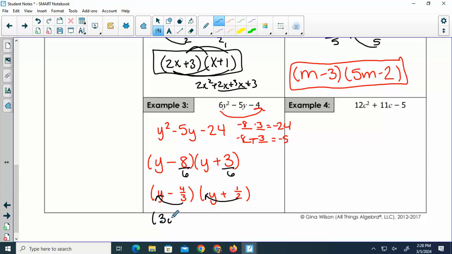So it ends with 3y minus 4 and 2y plus 1. So that one did kind of have an extra step because my fractions could be reduced. They have to be in lowest form before you slide that number back in front.